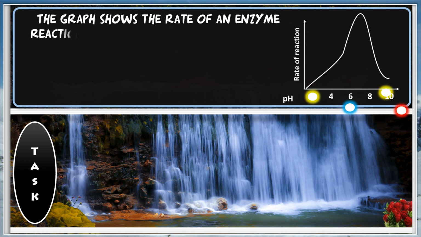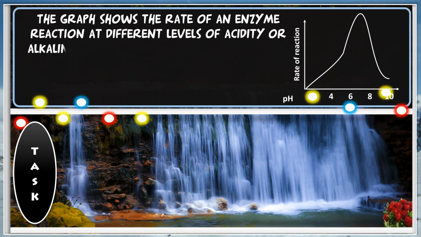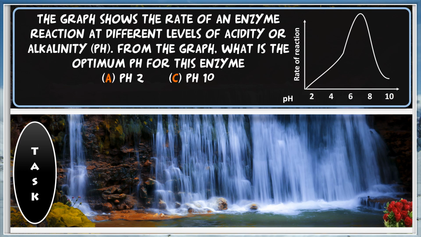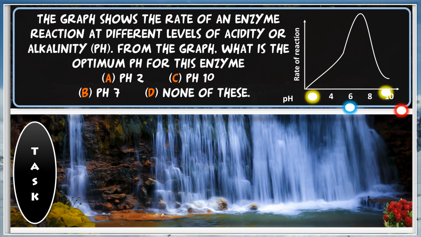The graph shows the rate of an enzyme reaction at different levels of acidity or alkalinity, that is pH. From the graph, what is the optimum pH for this enzyme?